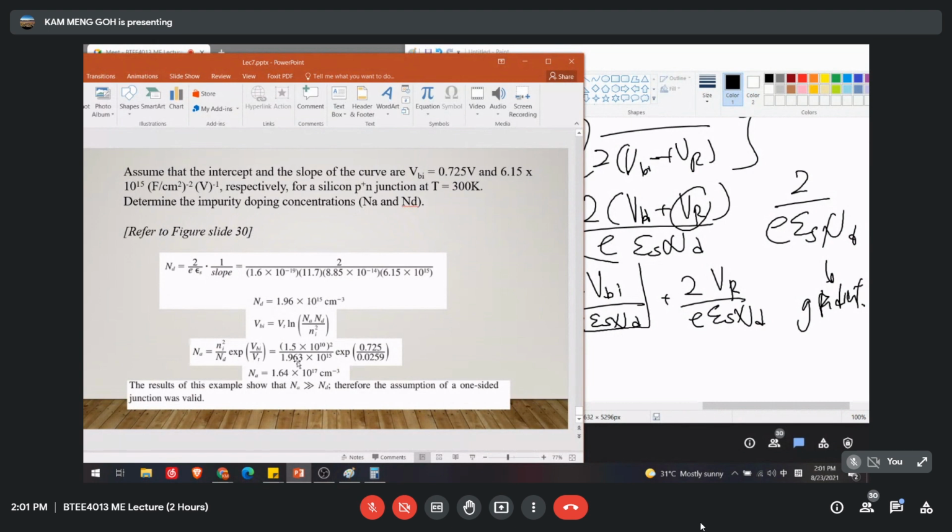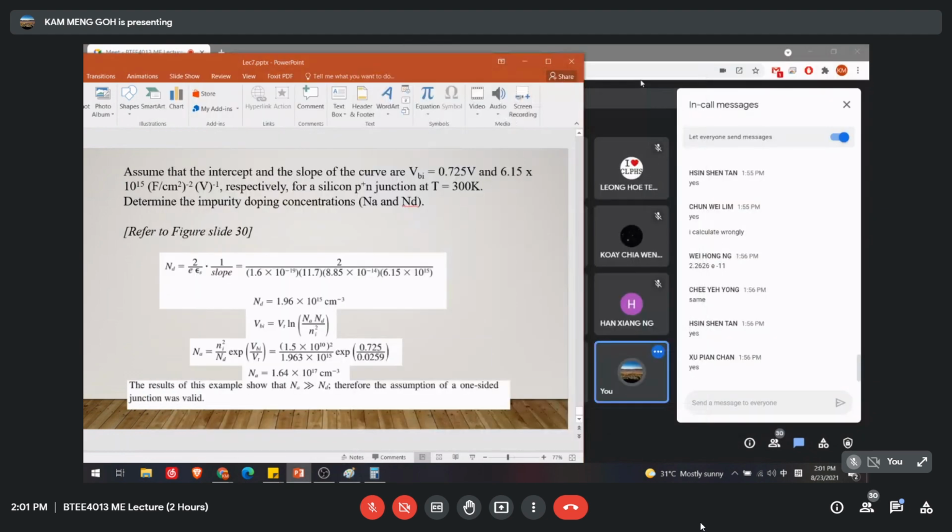Then we get this. But basically this is nothing much, just for manipulating the equation only. Nothing much important.